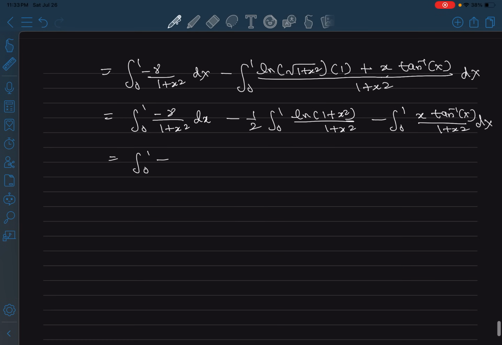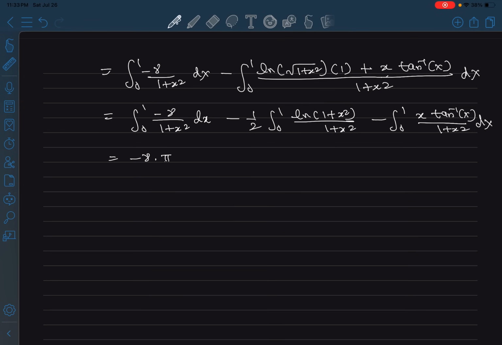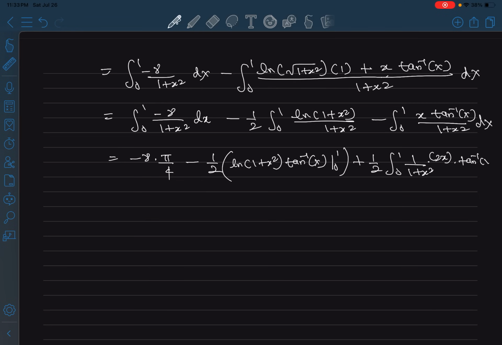So 0 to 1 minus, now this just becomes minus gamma times pi over 4, right? And minus, this is half times, if I use integration by parts, ln of 1 plus x square and then tan inverse x from 0 to 1, and then plus half, so then 1 by 1 plus x square times 2x, because that's the derivative, and then tan inverse x dx.